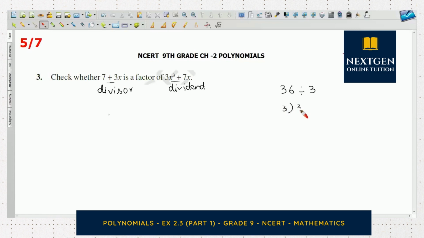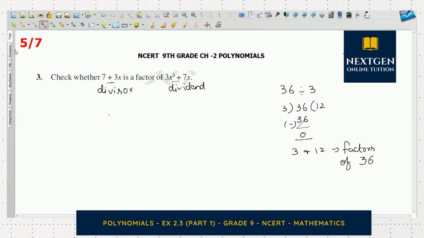If 3 divides 36 without any remainder, we can say 3 and 12 are factors of 36. Okay, if I get a remainder here, the number 3 is not a factor of 36.